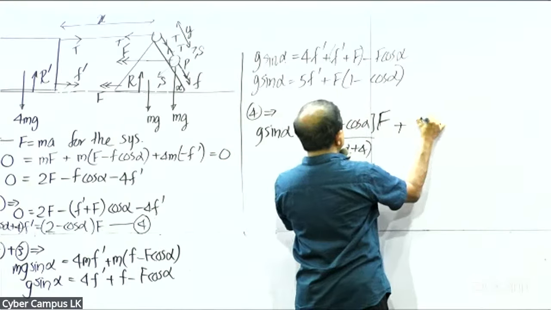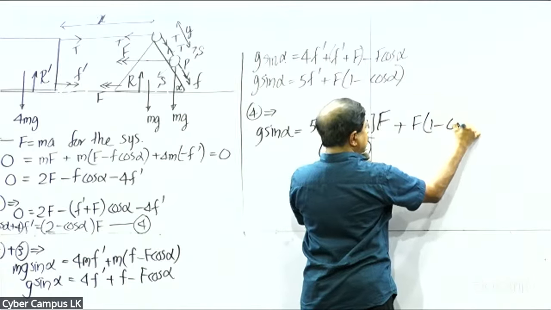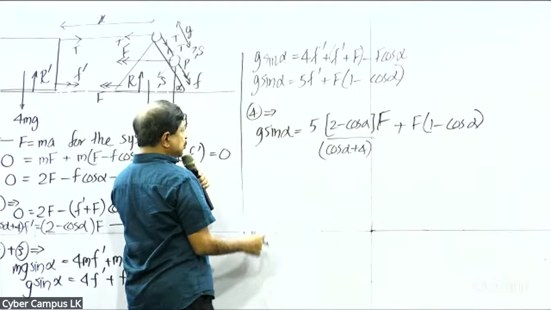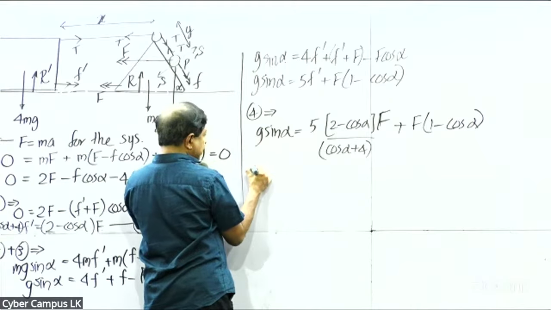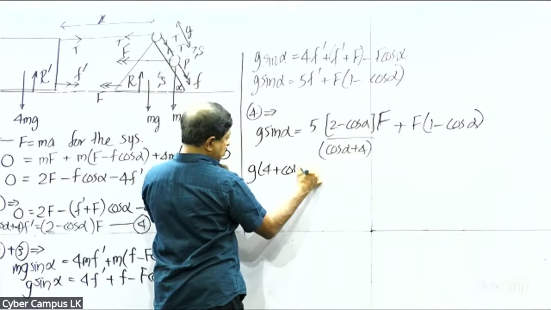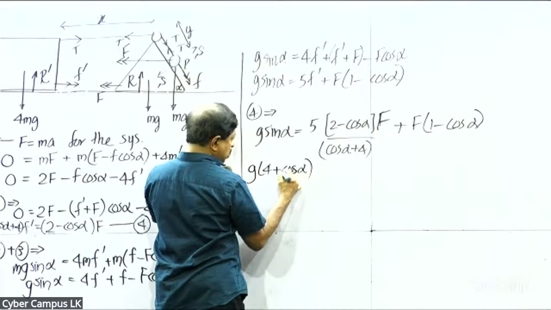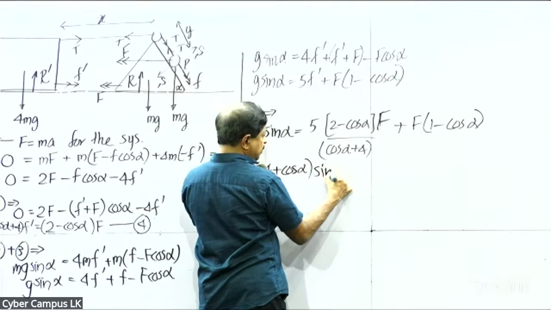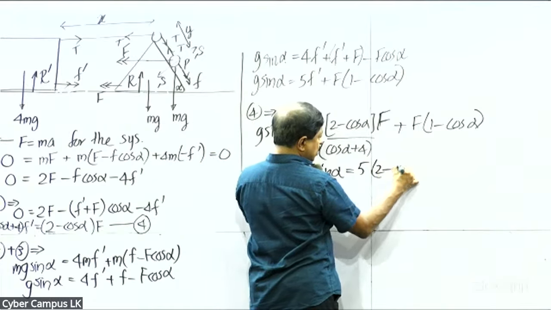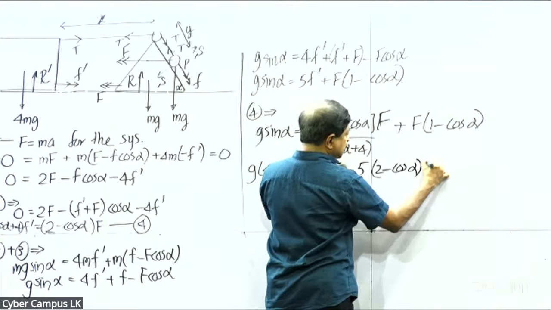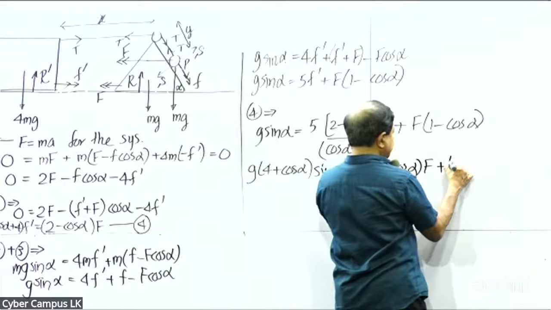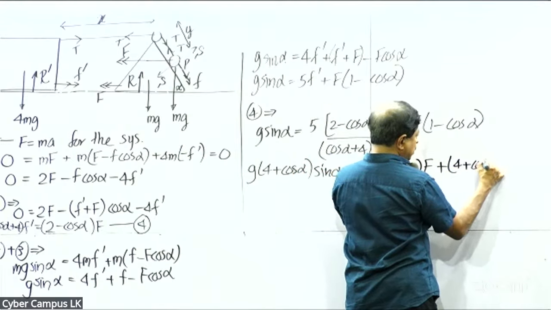Now you have an extra term. Now multiply everything by 4 plus cos alpha, or cos alpha plus 4. I write it as 4 plus cos alpha. Here I have sin alpha. When you multiply this by 4 plus cos alpha, you get 5 times 2 minus cos alpha times capital F. And this should be multiplied by 4 plus cos alpha.